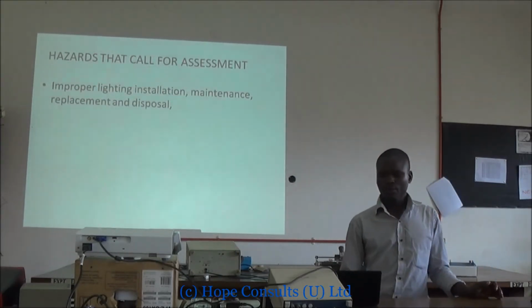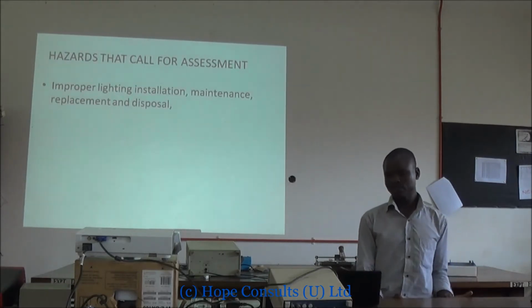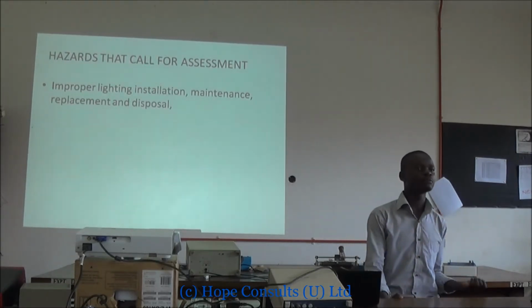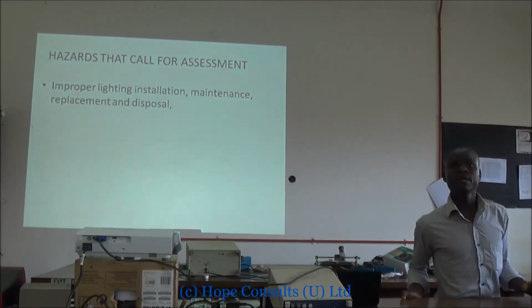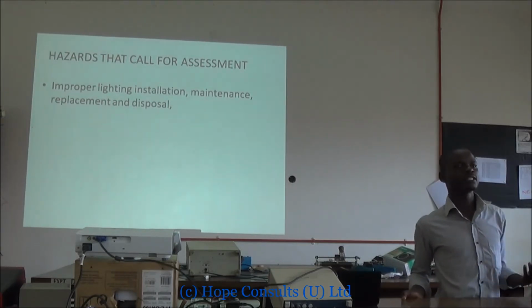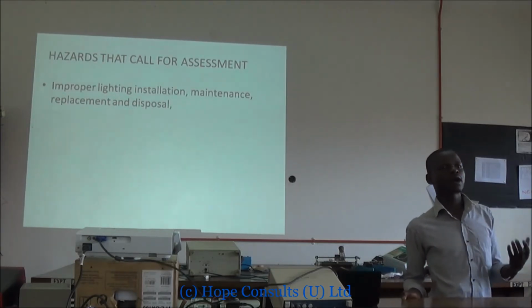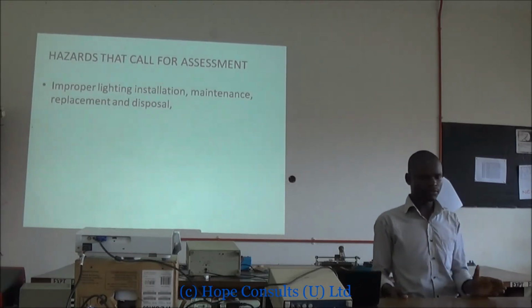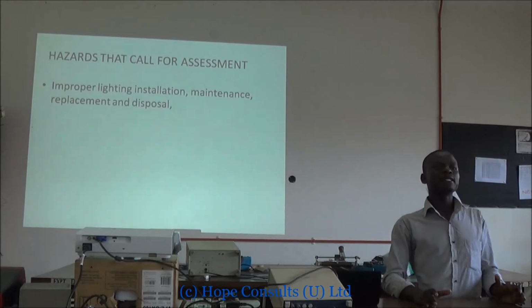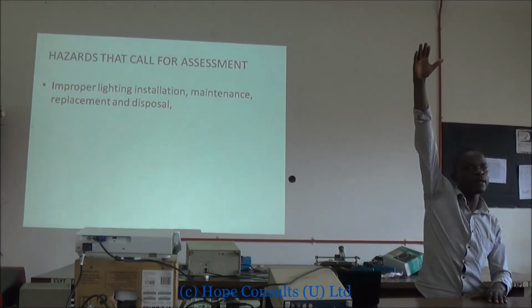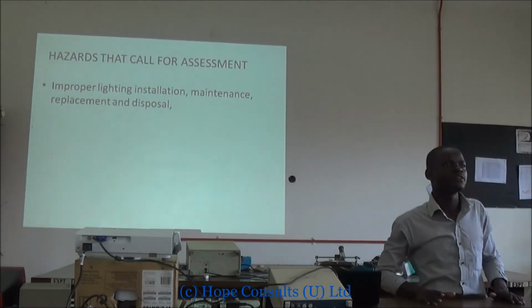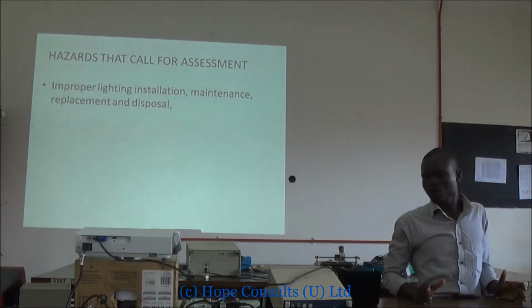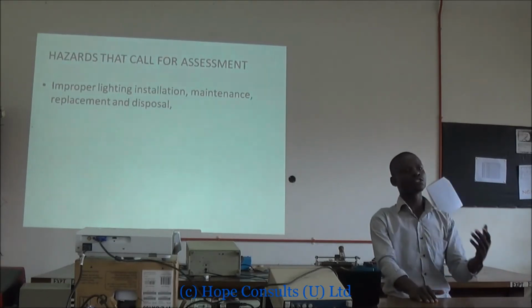Then we have improper lighting installation, maintenance, replacement, and disposal. This can be a hazard in a way that it may be affecting a worker so that the worker may not be performing. For instance, if you have lights installed, and you're supposed to read, but maybe the light is placed far away, so that the light reaching you on the table is insufficient for working, or is not enabling you to see what you're meant to see.